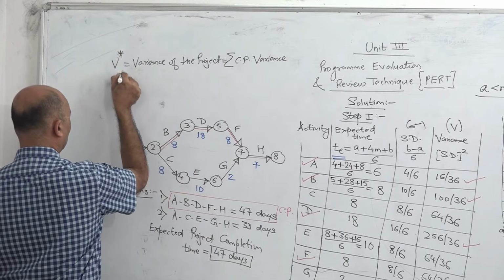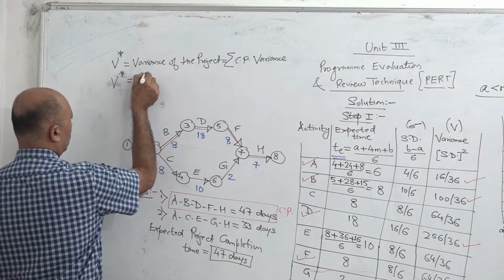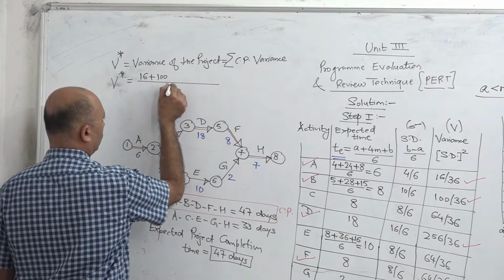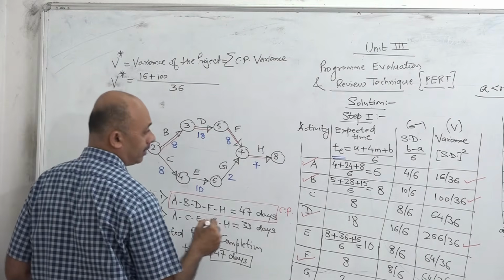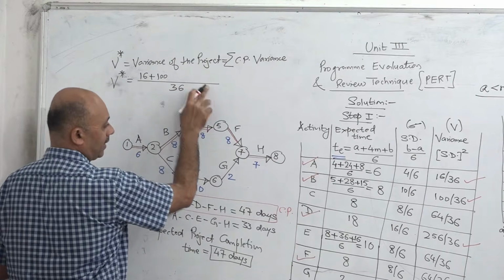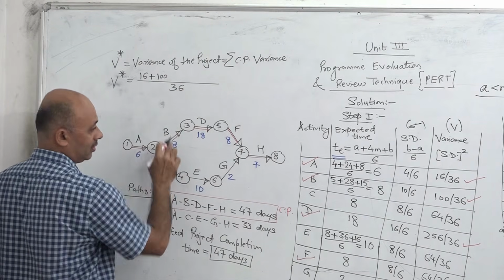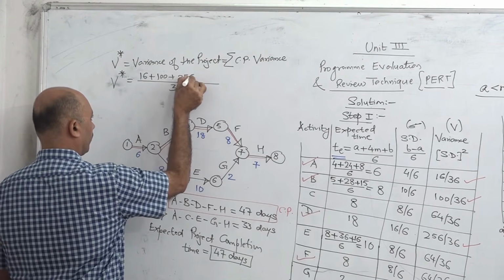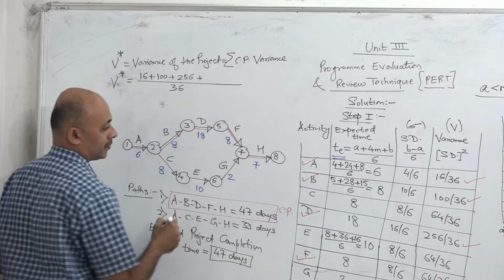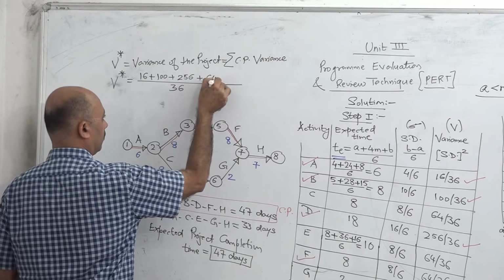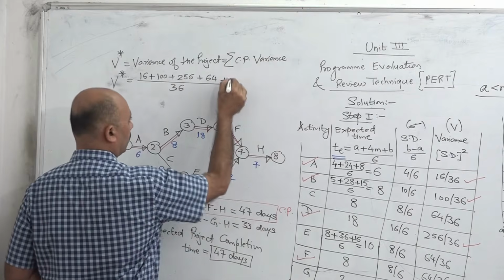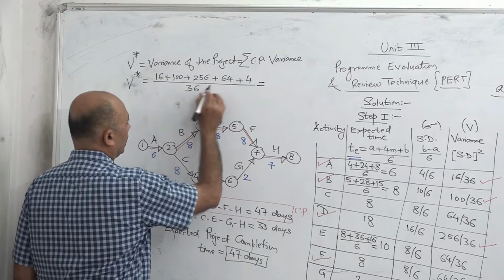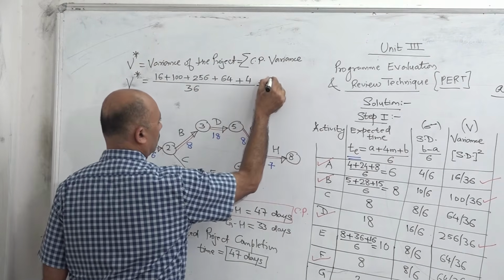So V star values are 16 plus 100 plus 256 plus 64 plus 4 divided by 36, because the denominator for all the values is 36 and we add the numerators.